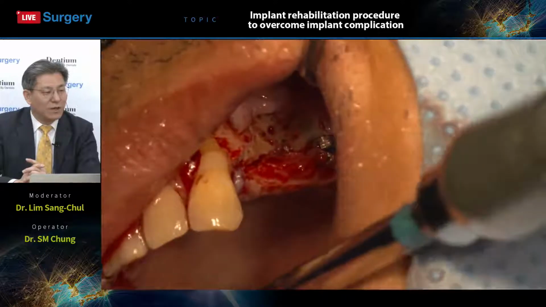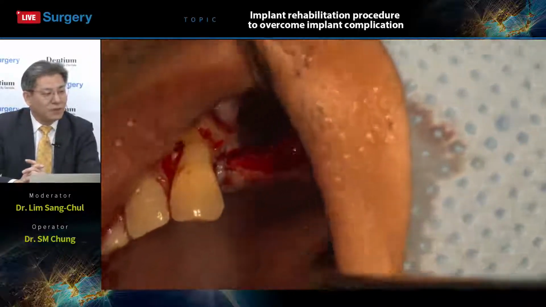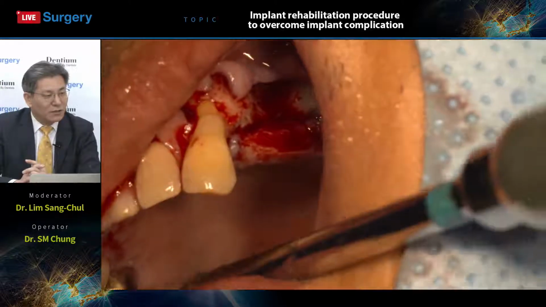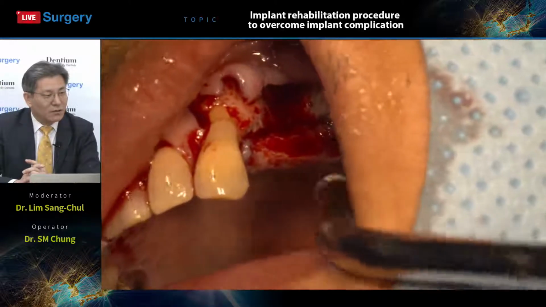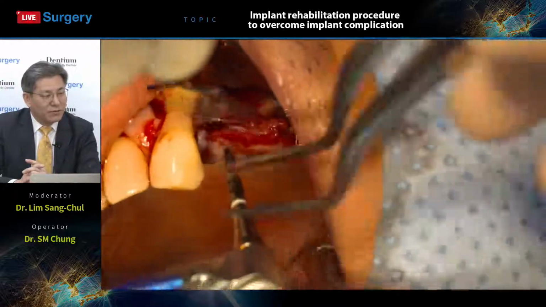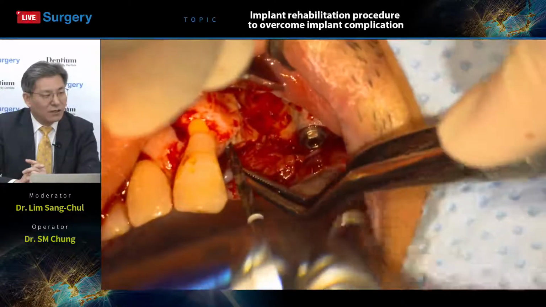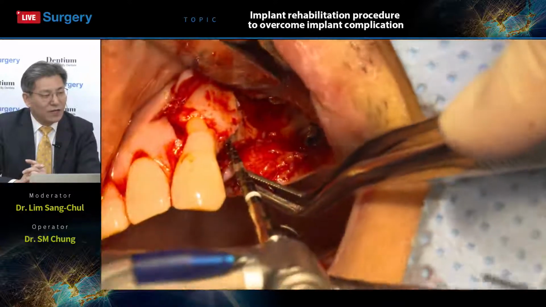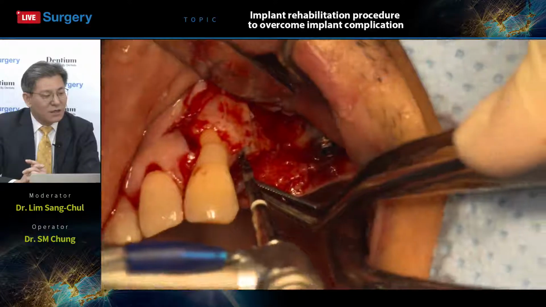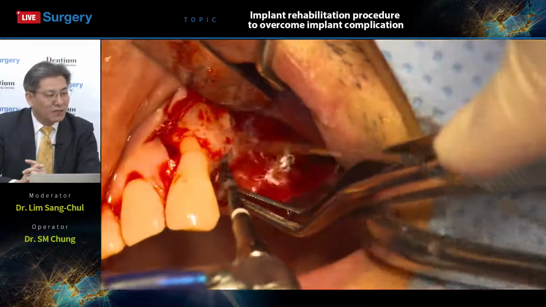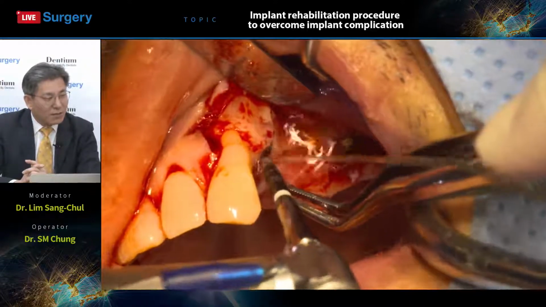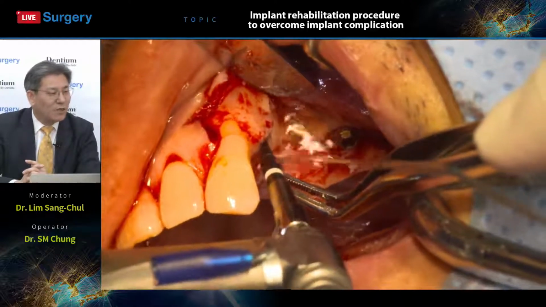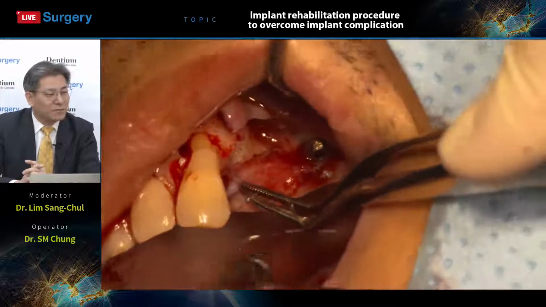Okay, now he is preparing for implant installation. The bone at the number 24 area is very wide buccolingually, so he is going to try again on the lateral side, slightly move palatally, and make the osteotomy with the Lindemann drill.